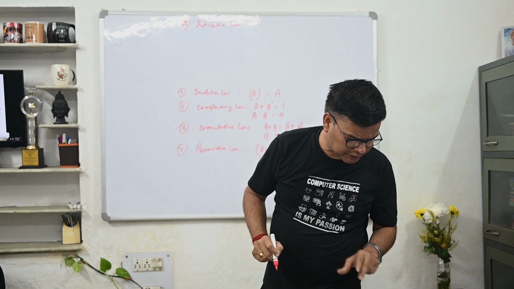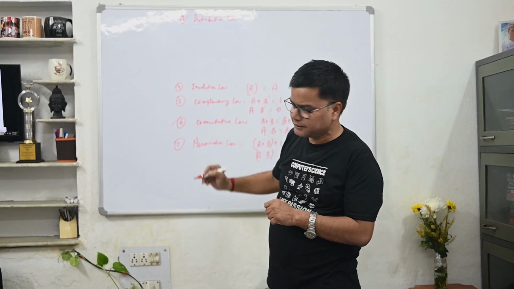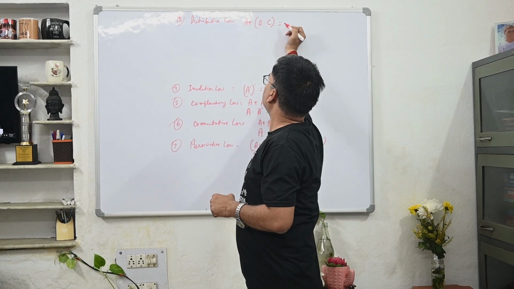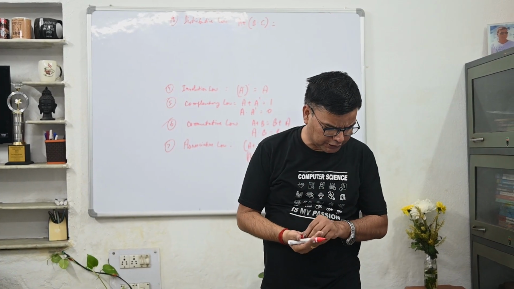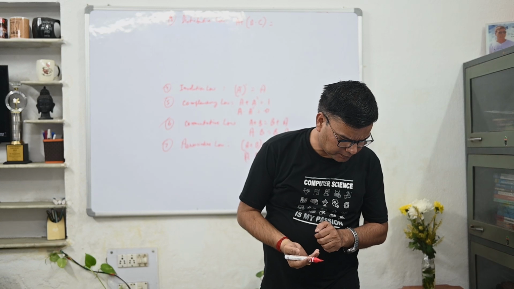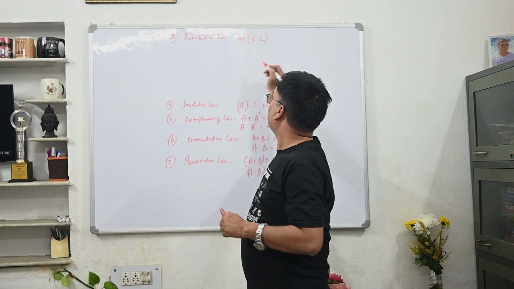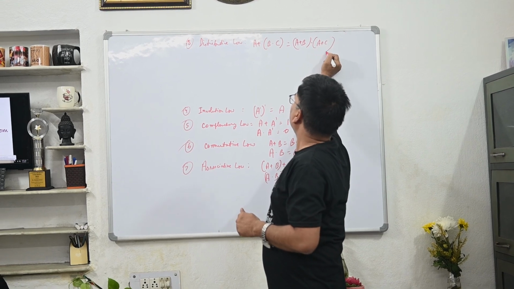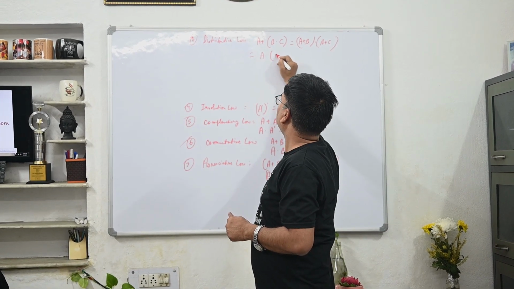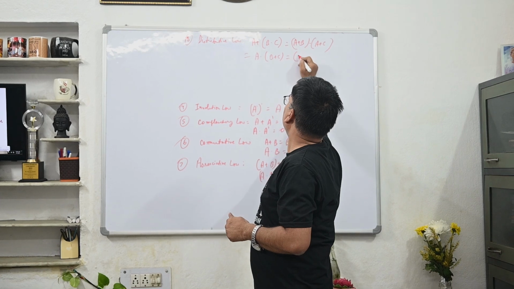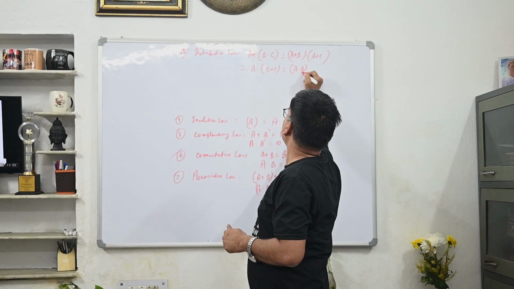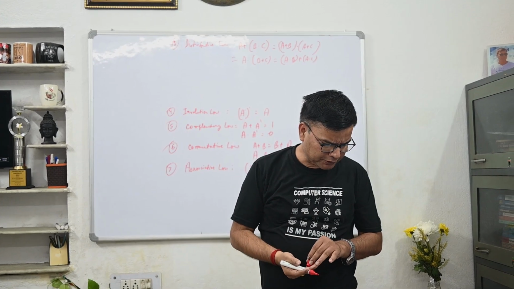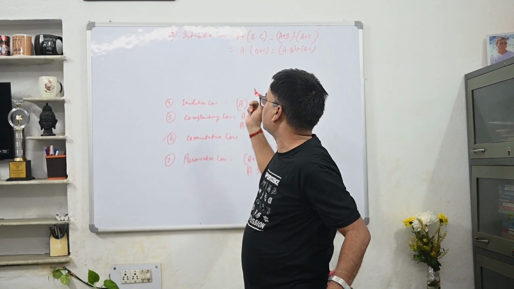The distributive law states that A plus B dot C is equal to A plus B dot A plus C, or we can say A dot B plus C is equal to A dot B plus A dot C. So this is the distributive law.